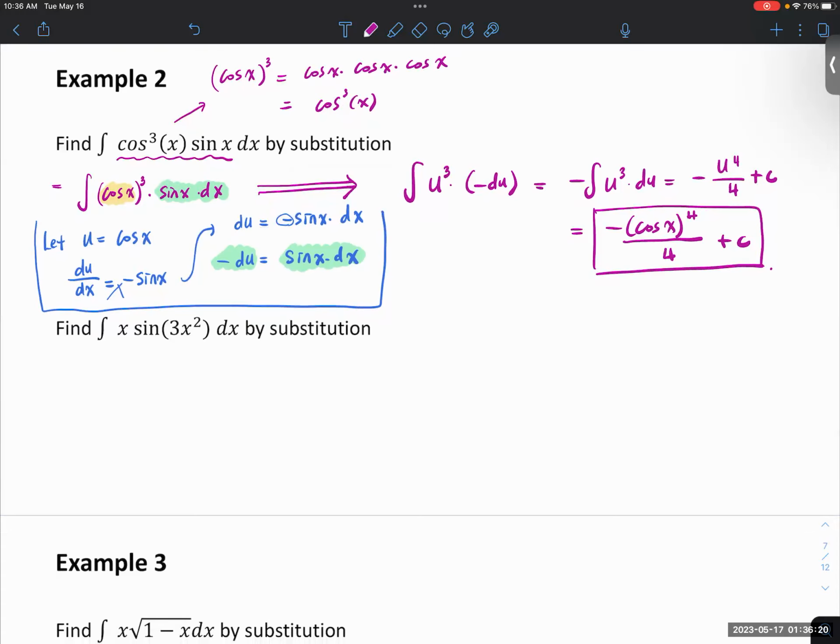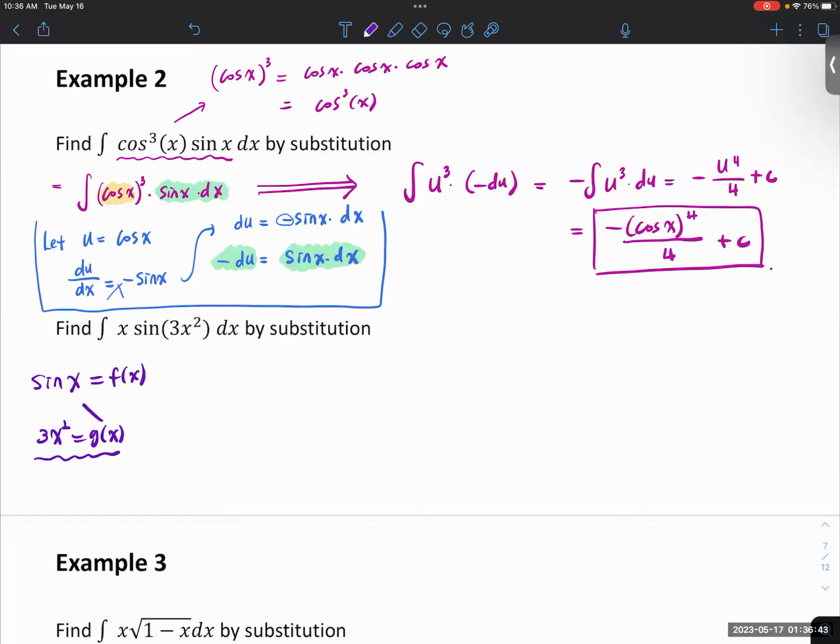The next question: x times sine of 3x to the second power. So think about it. You have to see the structure. There is a sine x function, and then 3x to the second, that's your g, and let's say sine is f.